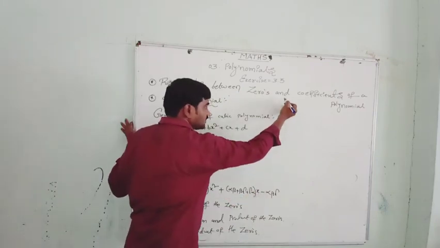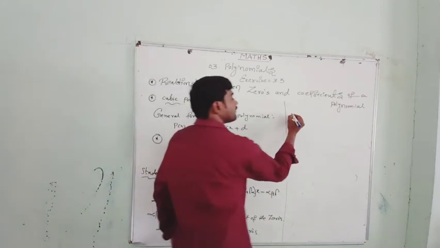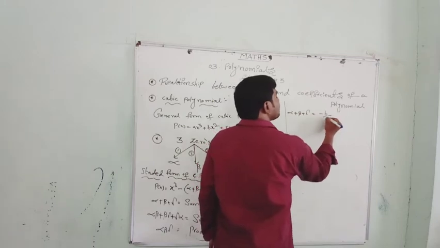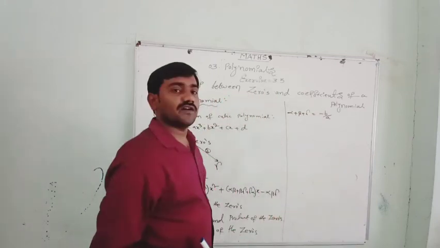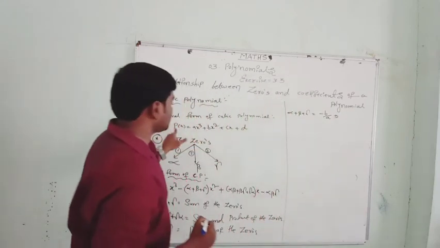Then the relation between the coefficients is simple. Alpha plus beta plus gamma equals minus b by a, which is a formula. Minus b: as I told you, observe the general form.